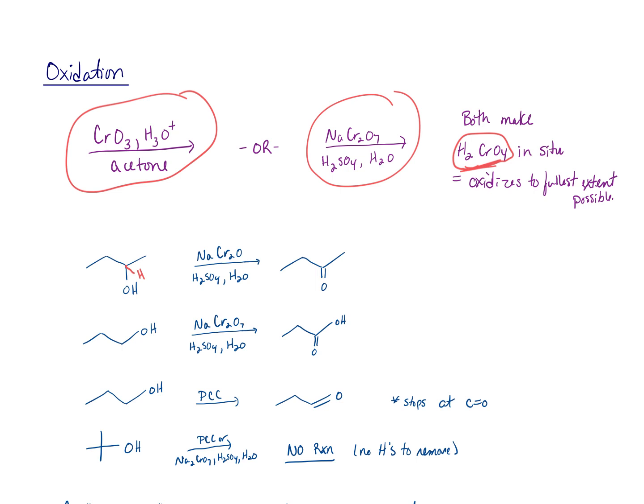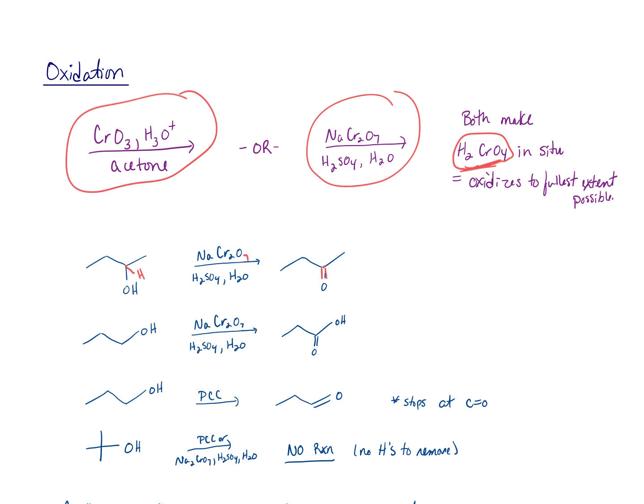So when we oxidize with Na2Cr2O7, we can end up getting a carbon here with another bond to oxygen, so you get that oxidized product, but there's no more hydrogens there for it to work with.